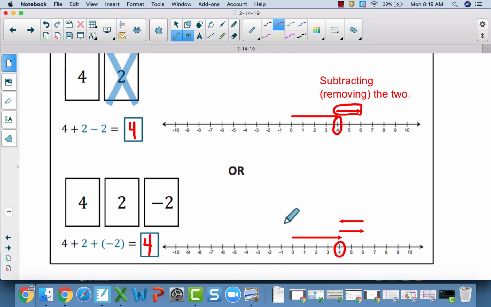So basically, what I'm noticing here is subtraction, which is what we did up here. We just took away that 2. We discarded it. We got rid of that 2. Seems to be the same as adding the number's opposite. Seems like adding a negative 2 is the same as just subtracting 2.